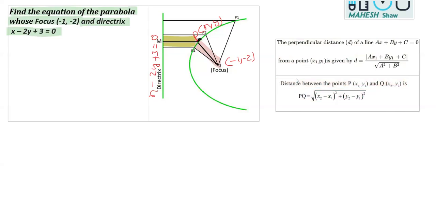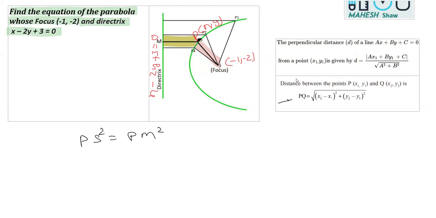Now, first of all, I'm applying this, not PM, that is PS is equal to PM. That's from the definition of a parabola. Over PS, I'm going to apply this distance formula, that is x2 minus x1 whole square plus y2 minus y1 whole square.